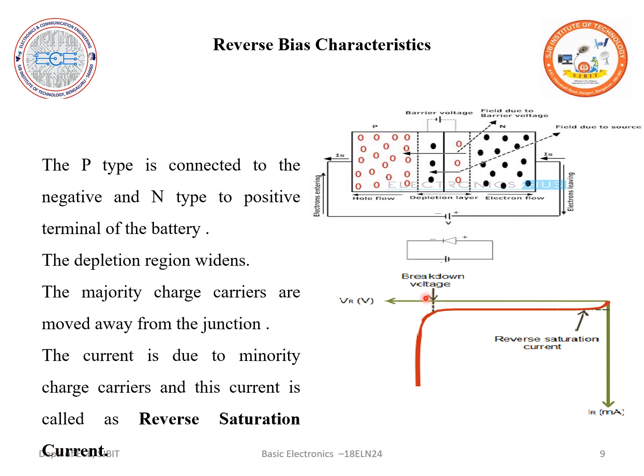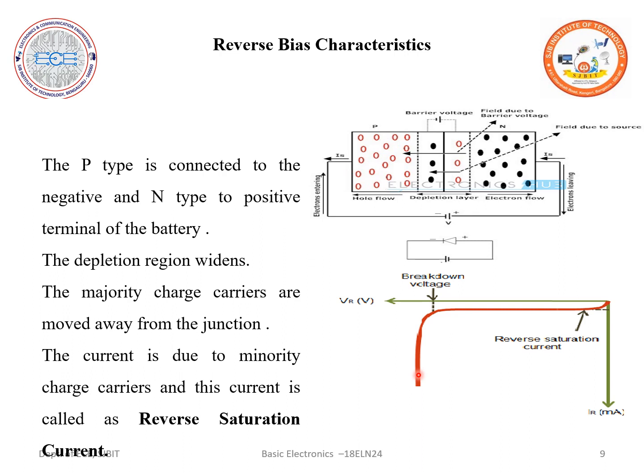When we plot a characteristic curve of V versus I, till it reaches the breakdown voltage, the voltage where there is a sudden rise in the current, we call that voltage the breakdown voltage, and that current we call the reverse saturation current.